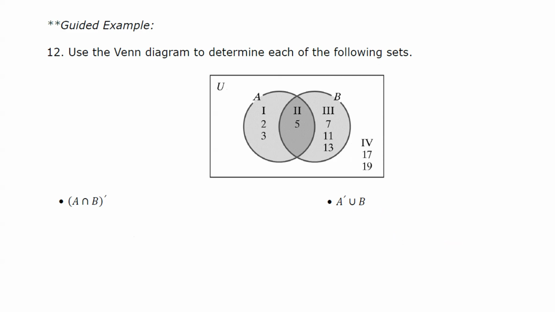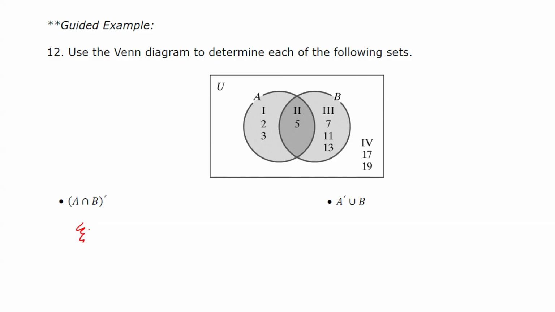I want the complement of A intersect B. First, let's find the intersection of A and B, which would be 5. Now I want all the other elements in the universal set that are not in region 2.